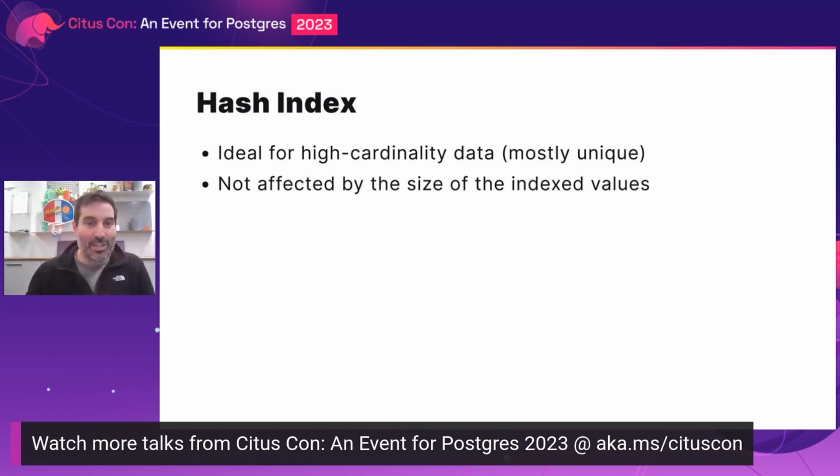Another very nice feature of a hash index is that it's not affected by the size of the indexed values. Remember, a B-tree index stores the values in the leaf blocks. A hash index only stores hash values. UUID is a very big data type, so using a hash index on a UUID makes sense.